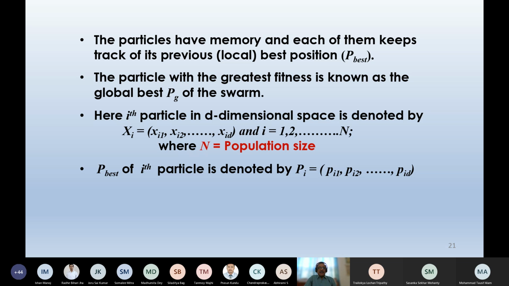What is this pbest and global best? Let me take a very simple example. Supposing that Professor X wants to excel in his career. So what should be the method? Professor X, at the end of each year, should review his or her performance.